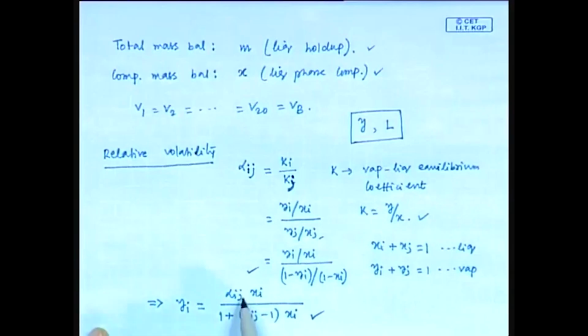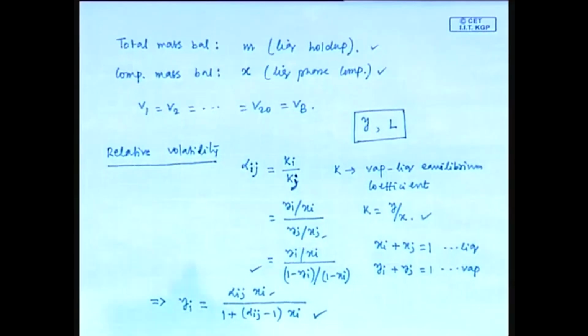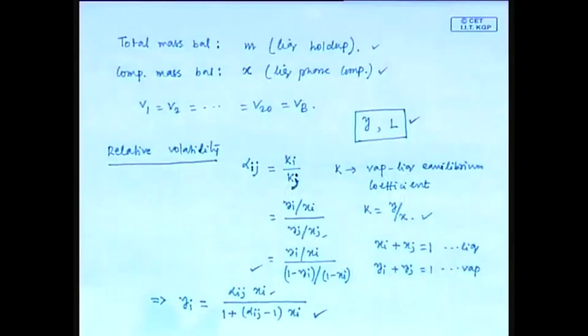You see, in this equation alpha ij is defined, that is constant. We have assumed that. The x value we can calculate from the component mass balance equation. Fine. So, all the terms in this equation are known except yi. So, we can calculate Ya, fine. In the next class, we will discuss how we can calculate the liquid flow rate L, fine. Thank you.